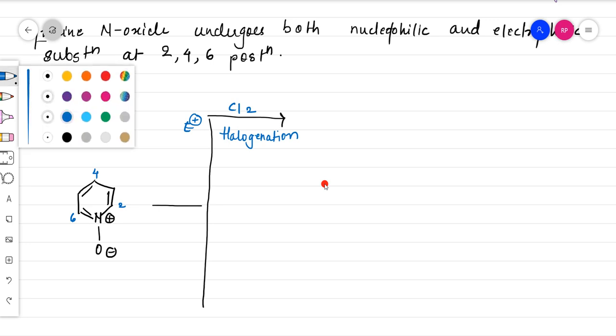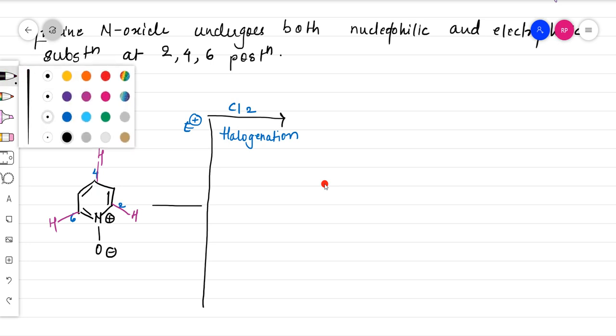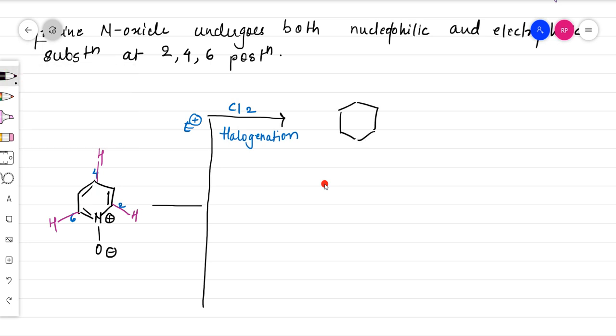When we say electrophilic substitution, what exactly is getting substituted is the H. Yes or no? This H, which is positively charged, is getting substituted by another electrophile. So, what will your product look like?